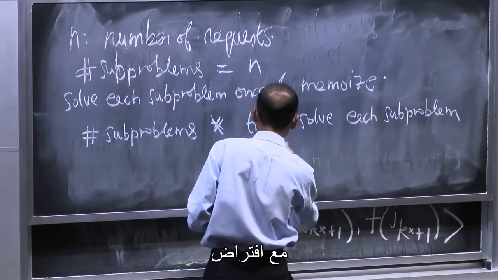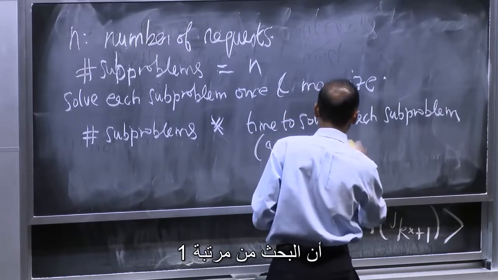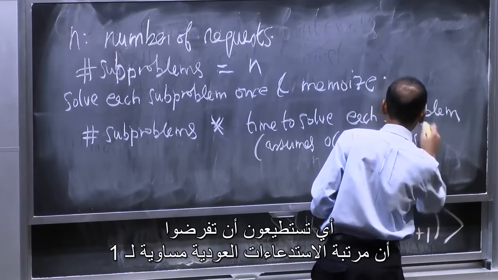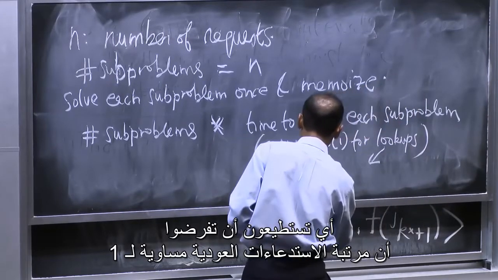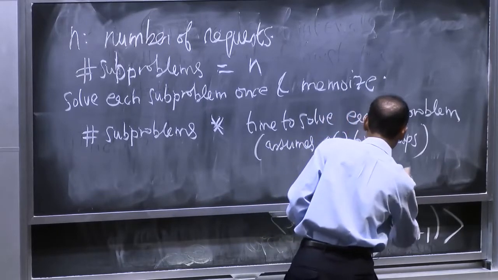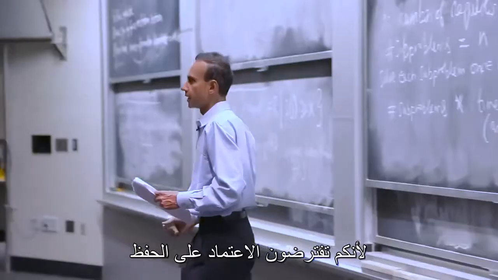And this assumes order 1 for lookups. So you can think of the recursive calls as being order 1. Because you're assuming you're doing memoization.